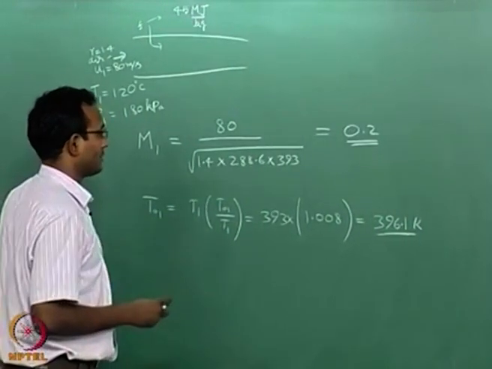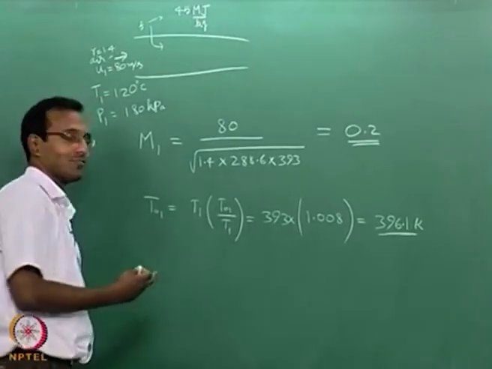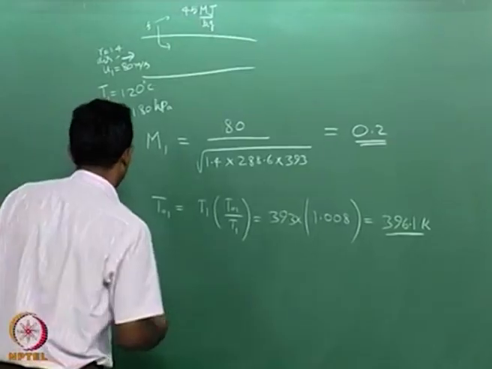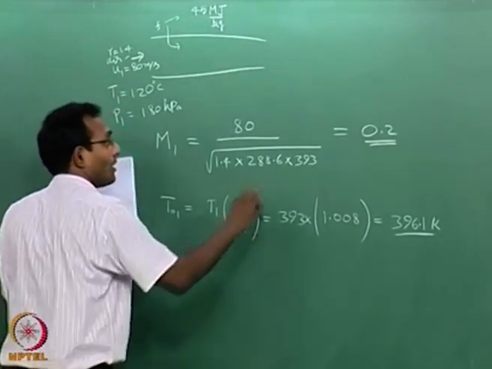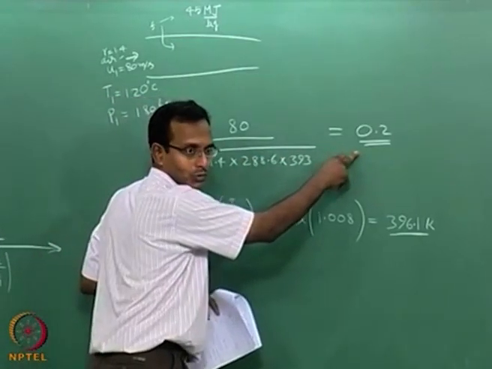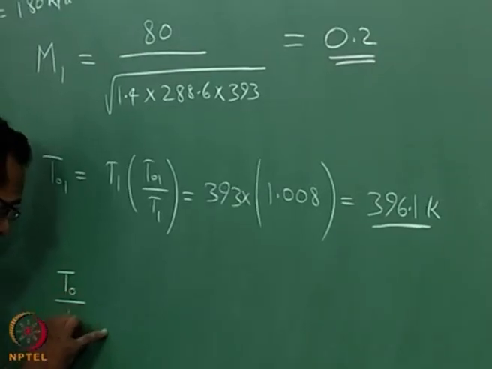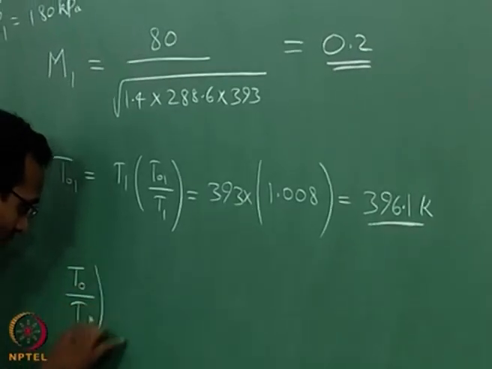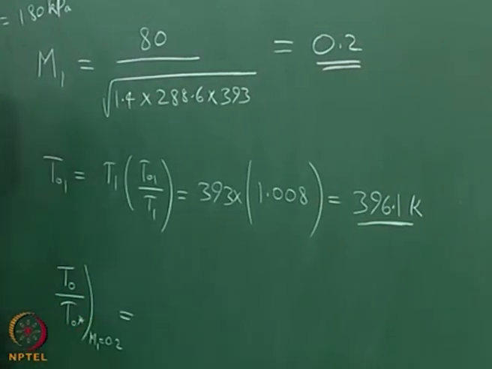So after this, the problem again became very simple suddenly. I am just going to find T naught star from here. I will have to go and look at Rayleigh flow tables for M1 equal to 0.2 and find T naught by T naught star for M1 equal to 0.2.